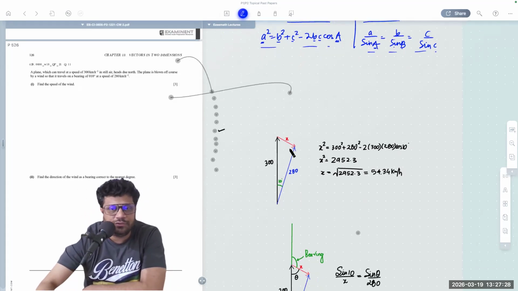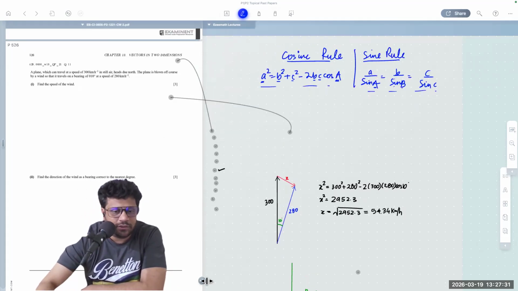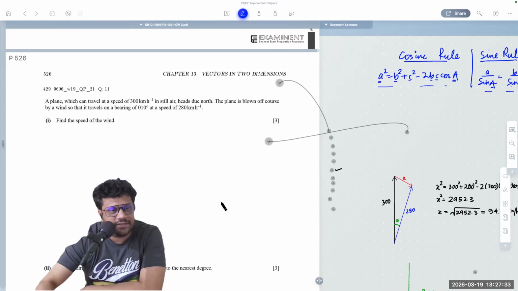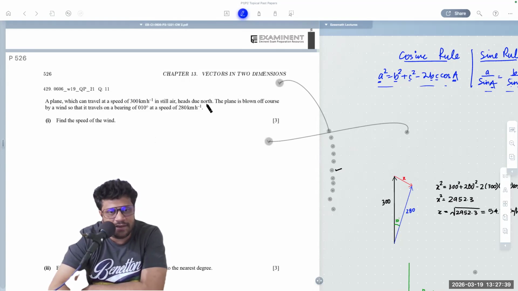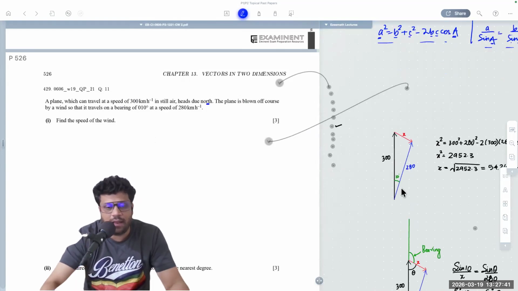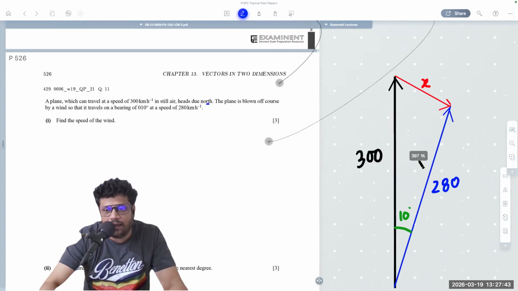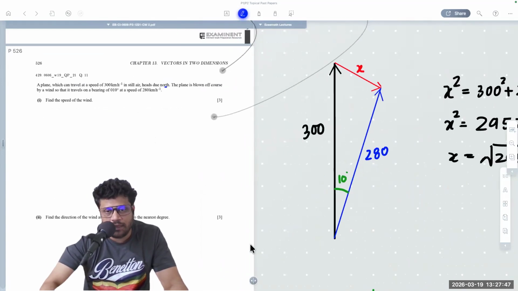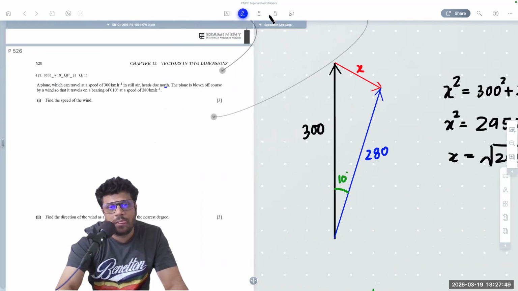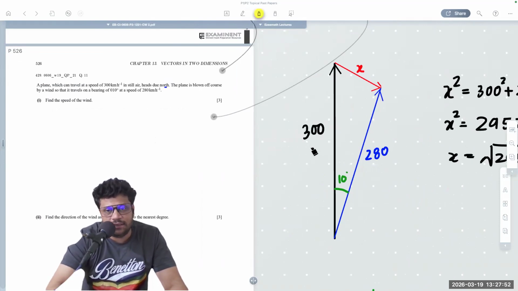Okay, so we go do this question. The most important thing in these kinds of questions is to be able to draw the situation. So there's a plane which can travel at that speed and it heads due north. I can show you the diagram. There it is, the one on the right out here. This is the plane going north.